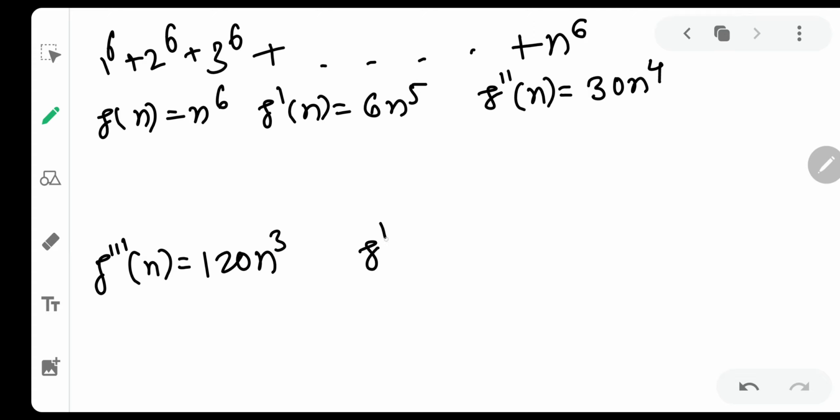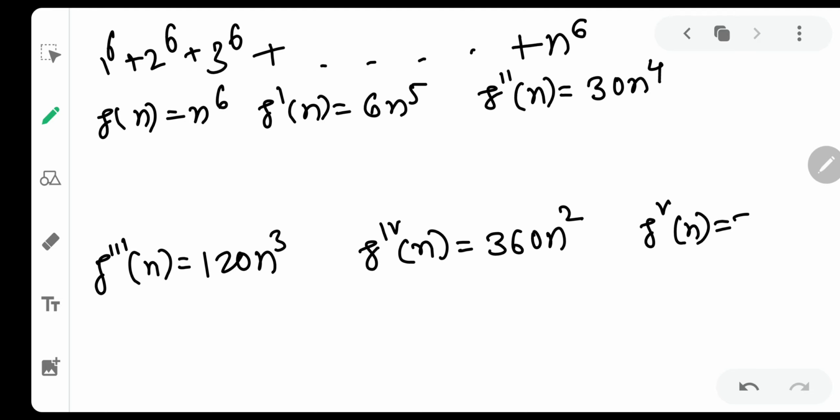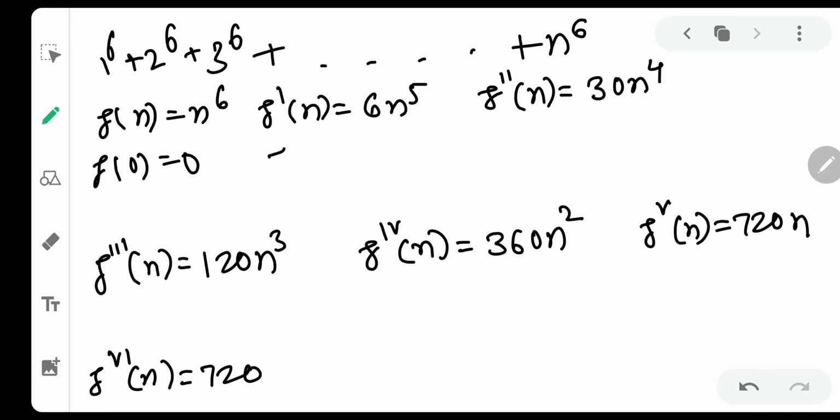F 4 times n would be 360 n square, and f 5 times n would be 720 n. Okay, and f 6 times n would be 720. Okay, now let us observe f of 0. F of 0 is 0, f dash of 0 is 0, f double dash of 0 is 0.